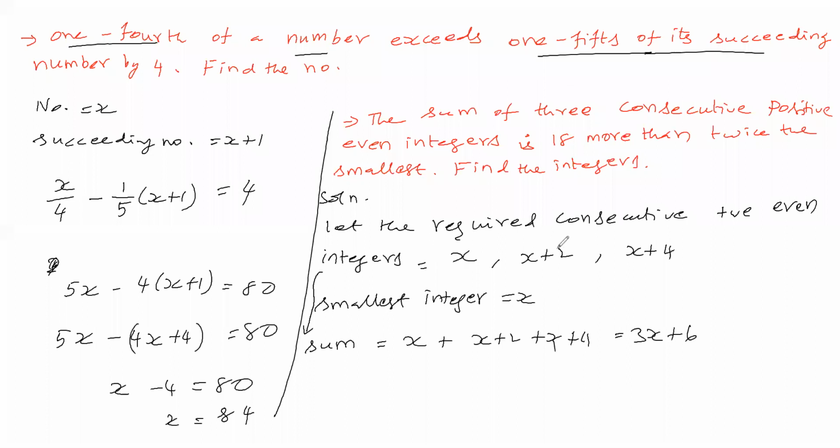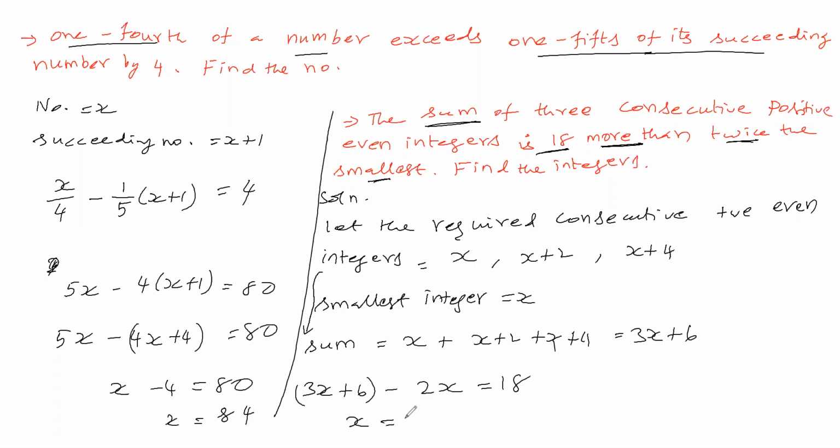Then as per the conditions, the sum of integers is 18 more than twice the smallest. So the sum of the integers, 3x plus 6, minus twice the smallest, 2x, is equal to 18. Now we will simplify this one.